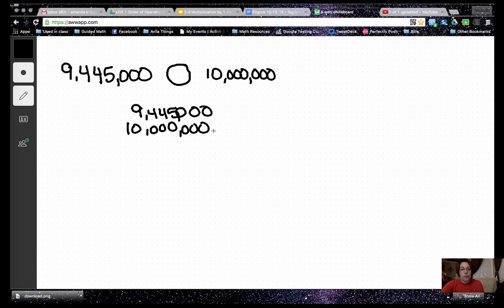When you line these numbers up based on where the decimal would be, we see that 10 million has a 1 in the 10 million spot, and 9 million has 0. 1 is greater than 0, so 10 million is greater than 9,445,000.